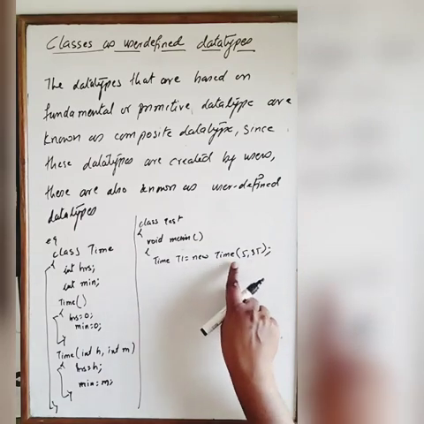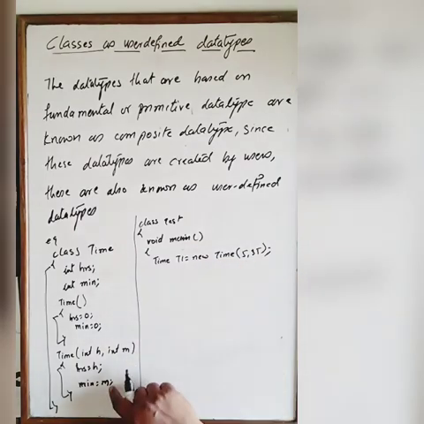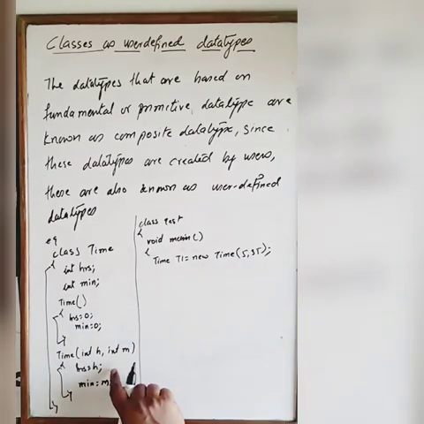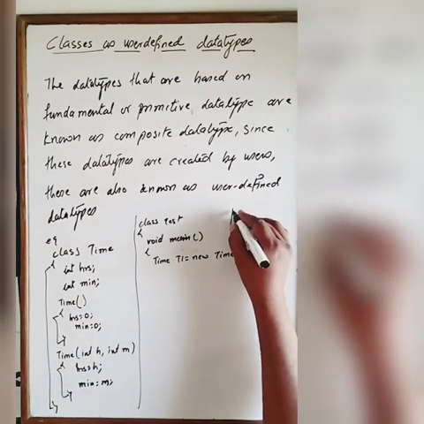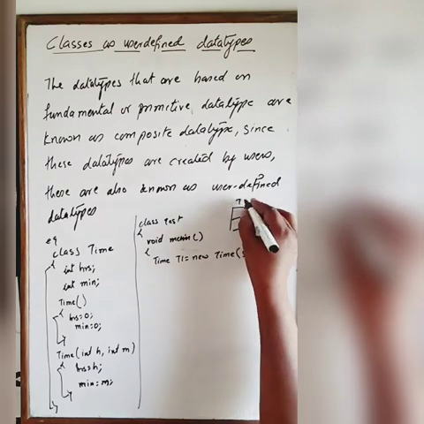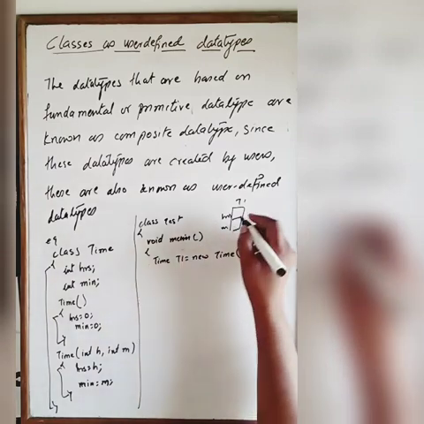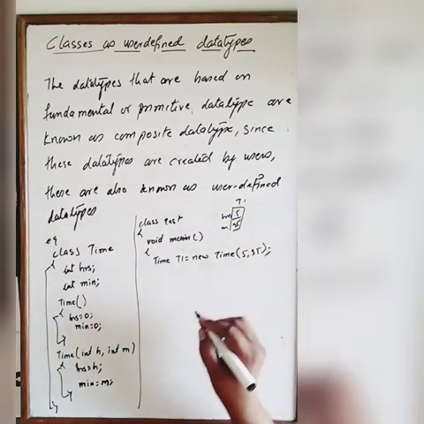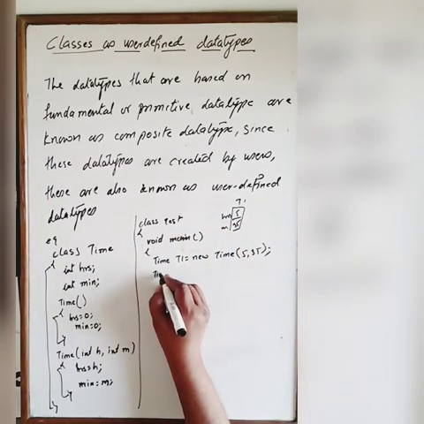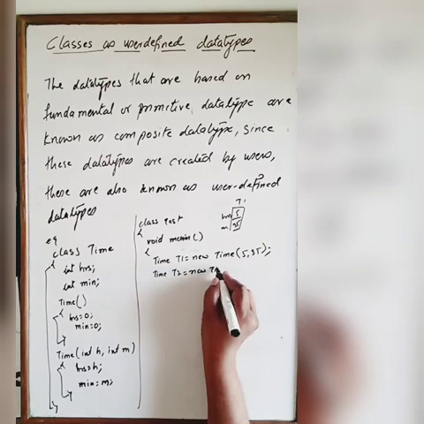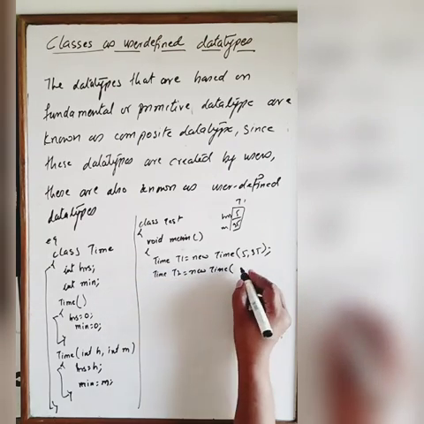Just see the parameters, constructor overloading is there, and differentiation will be done on these parameters. So this constructor will be called and one Time object t1 will be created, which has hrs and min, because only two instance variables are there, and 5 and 35 will be stored here. Now similarly, you create another Time object t2, new Time, and in this you give 2, 35.